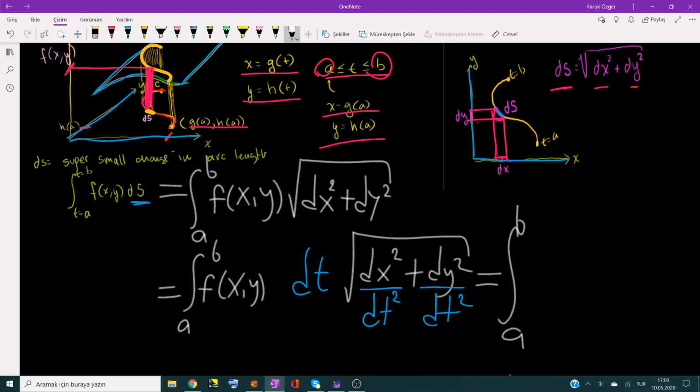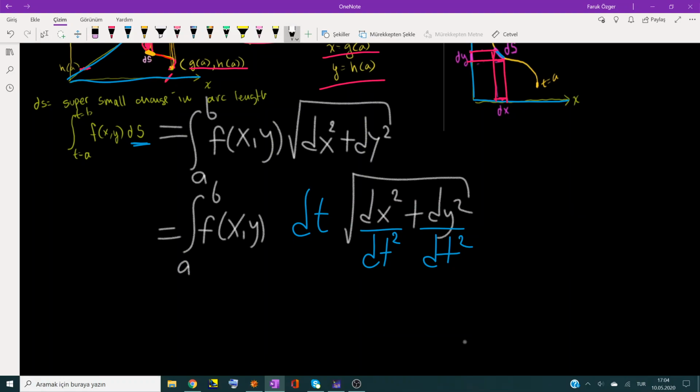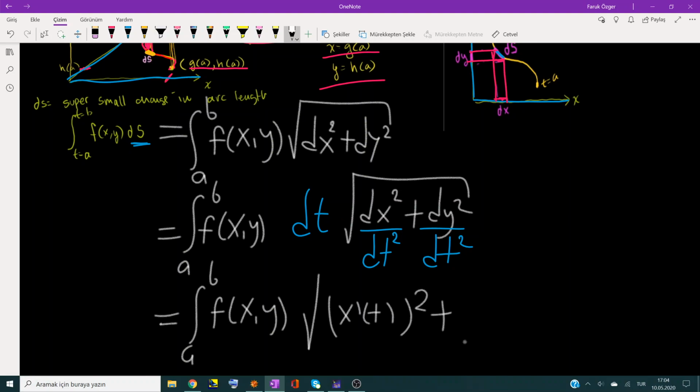So this integral is equal to the integral from a to b of f of xy times the square root of x prime of t square plus y prime of t square, dt.